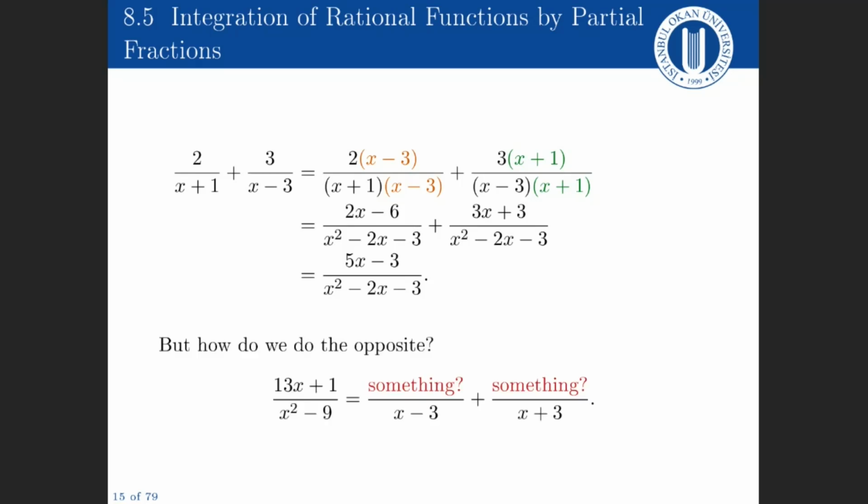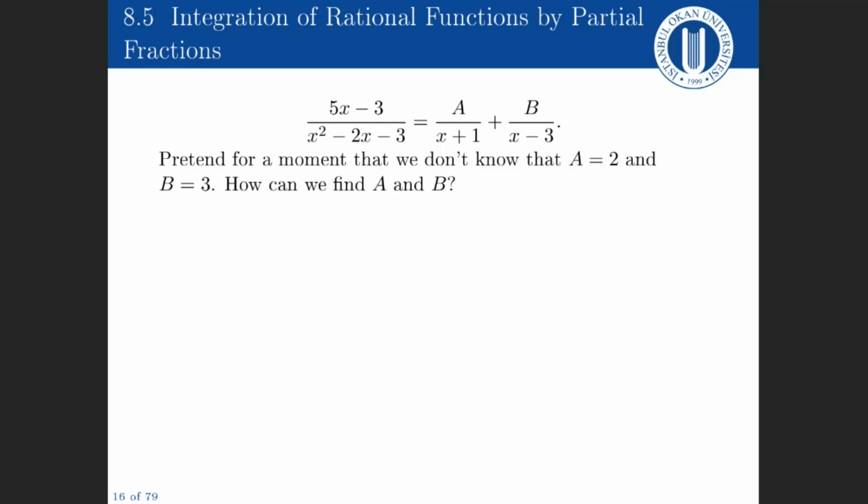But what about if we want to go in the opposite direction? What if we start with a rational function, and I ask you to write this as something over x minus 3 plus something over x plus 1? What do we do? Let's do this one again.